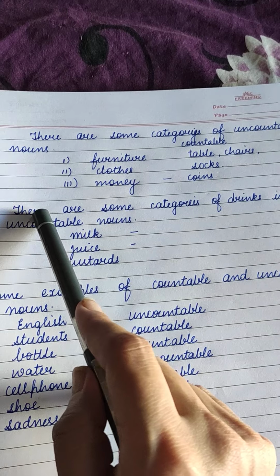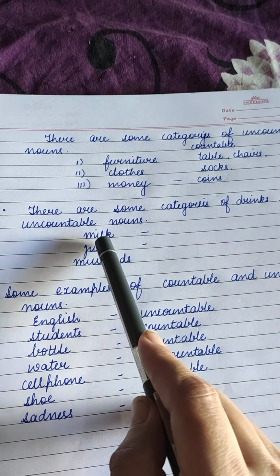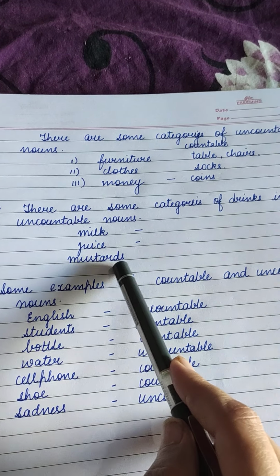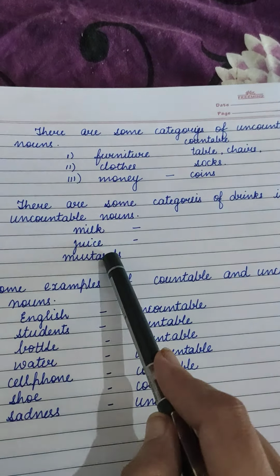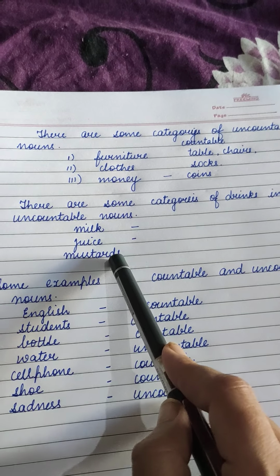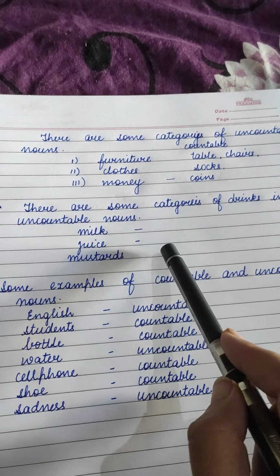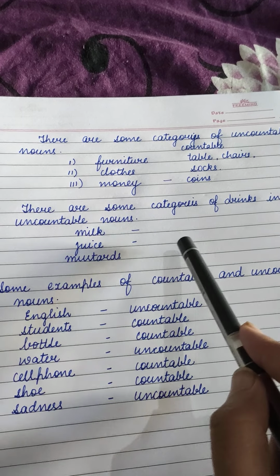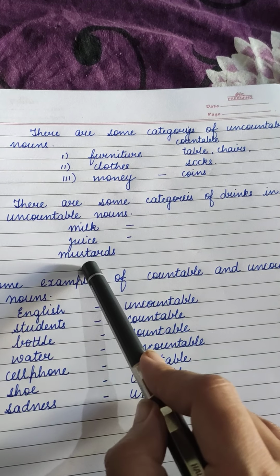Now, there are also some categories of drinks in uncountable nouns, like milk, juice. Mustard is not a category of drinks, but I have written it to explain why it is uncountable. You cannot say mustards. You can say 3 containers, 3 grams, or 3 kilos, 3 bottles of mustard oil.